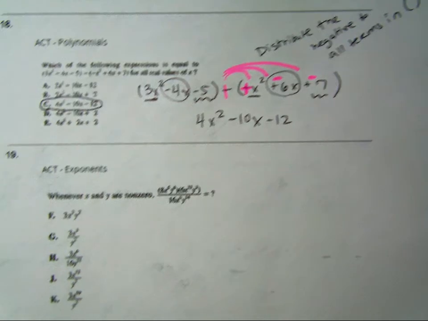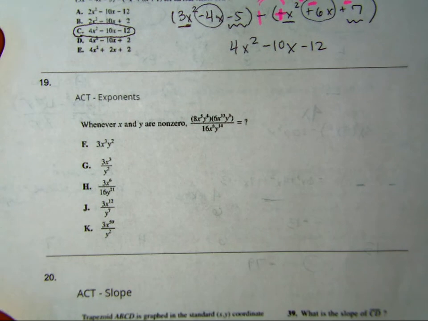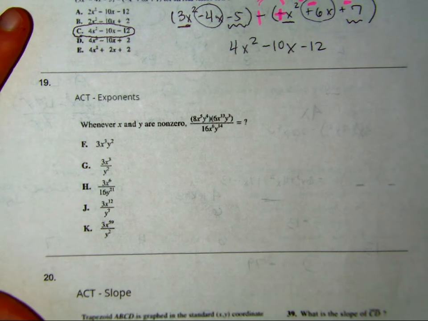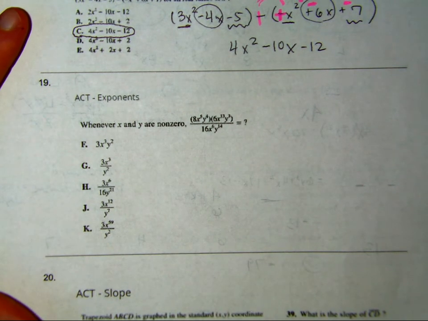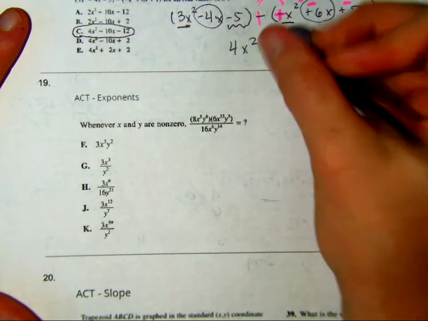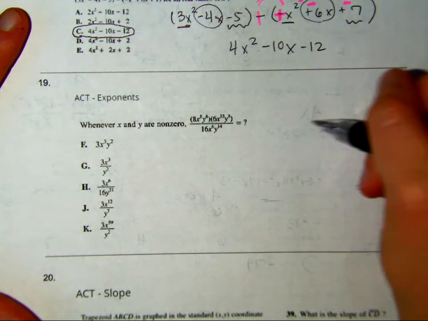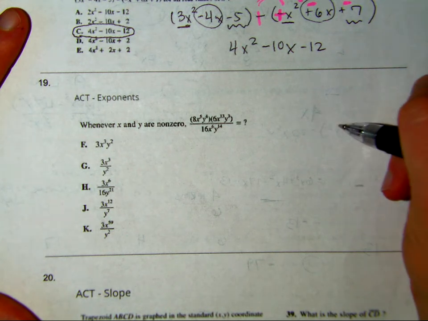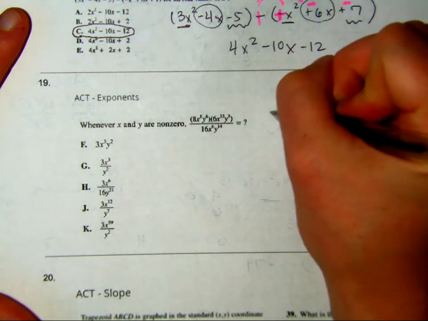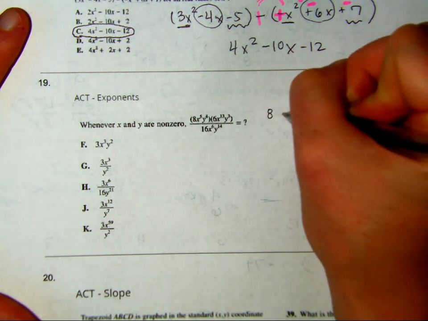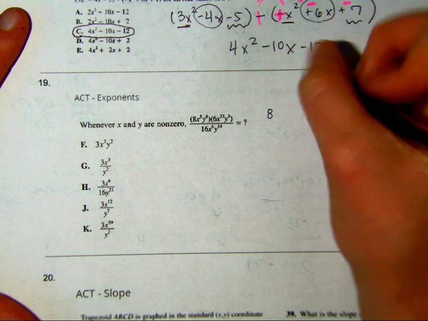Okay, so we have an exponent question, and there's a lot going on, right? So what we probably want to do is look at combining our like terms. So I'm going to separate it by coefficients, x's, and y's. So we have 8 times 6 divided by 16.